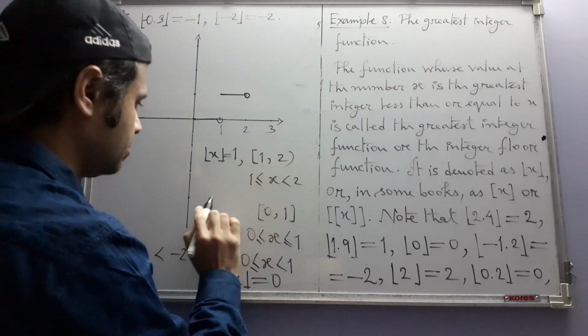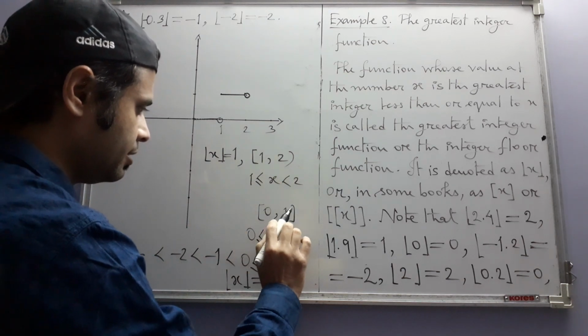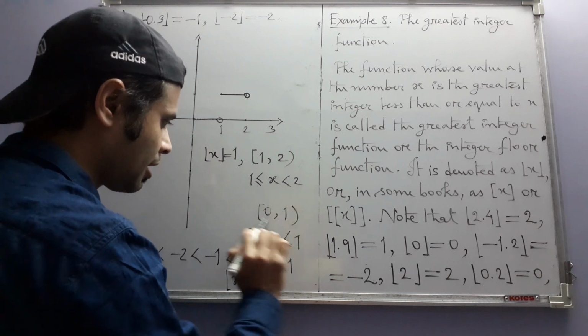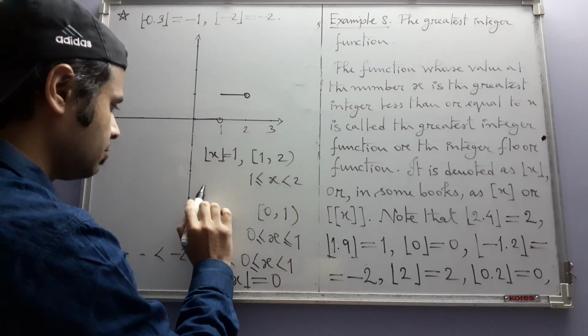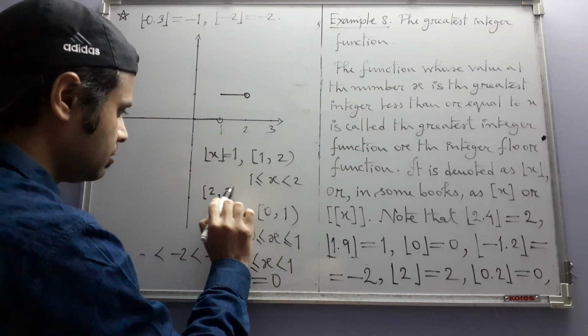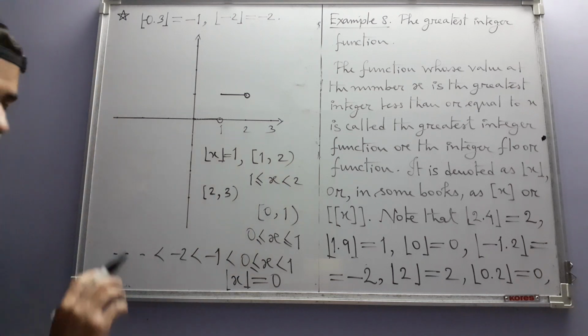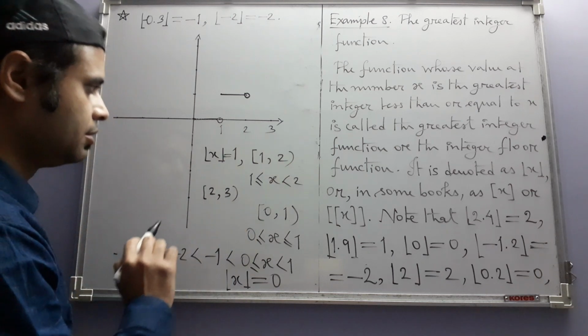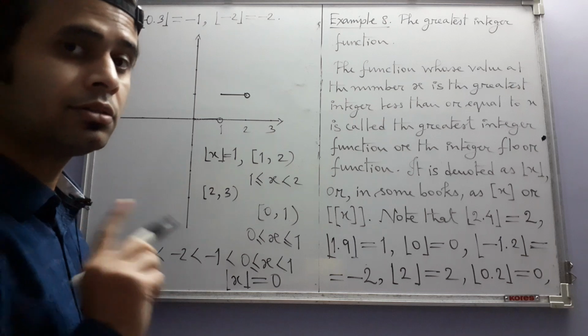Like that, from our experience gained in these two half open intervals, we can quickly determine what the value will be in this interval. It will be constantly 2.